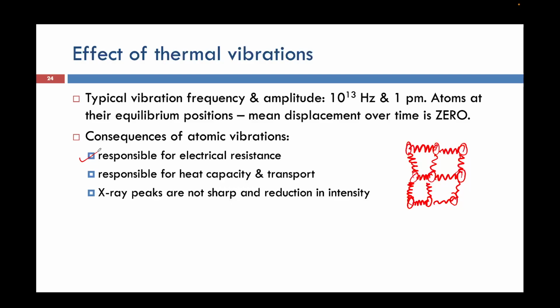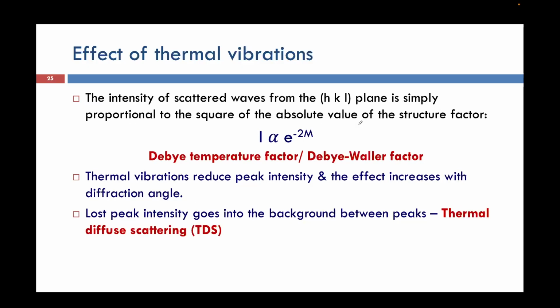X-ray peaks are not sharp, and along with the structure factor and the Lorentz polarization factor, these factors reduce the intensity. The reduction factor that will be considered is e to the power minus 2m, and this m is called the Debye temperature factor, or Debye-Waller factor.